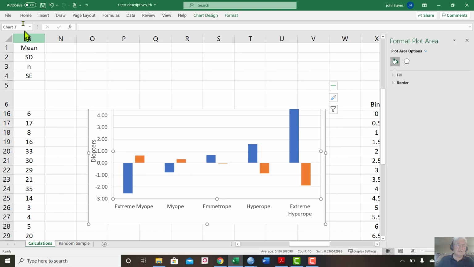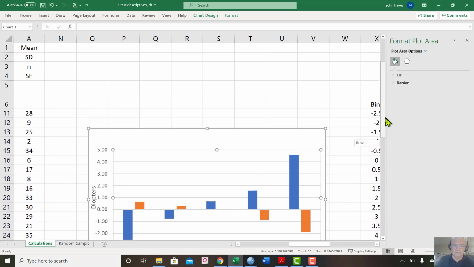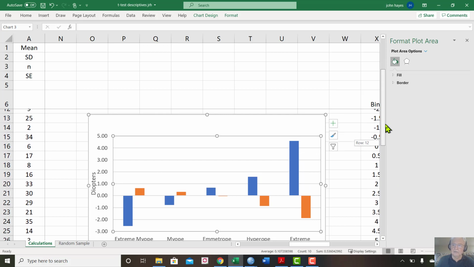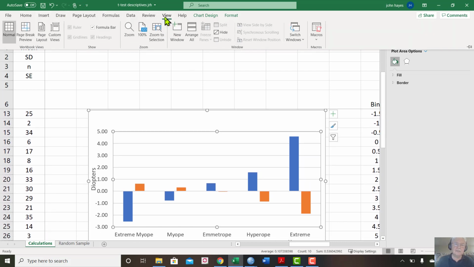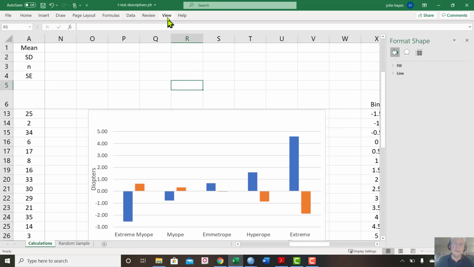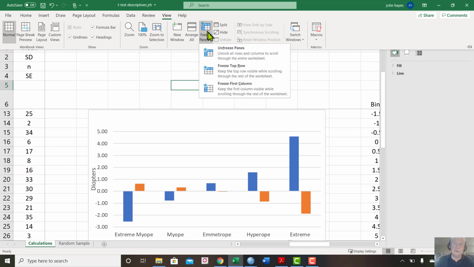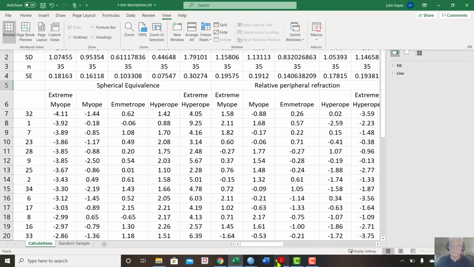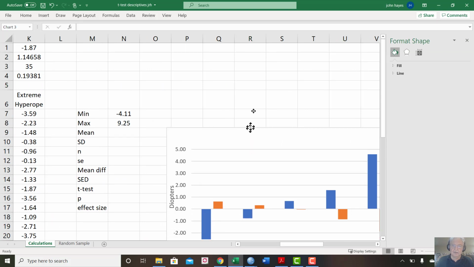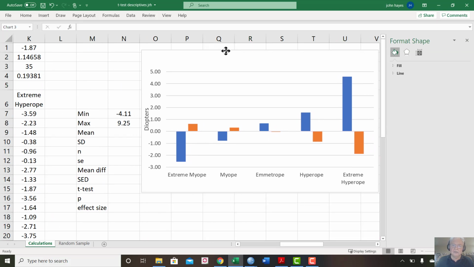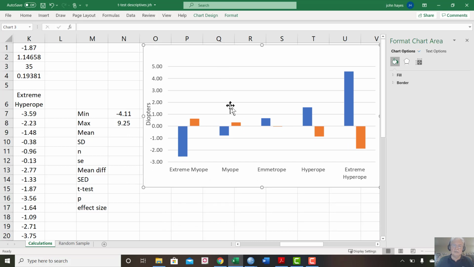Now I think I'll get rid of my freeze panes. Freeze panes, unfreeze them. Now I'll move this guy up here. I'll be a lot happier.